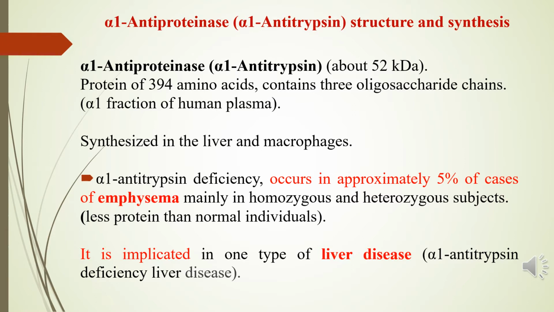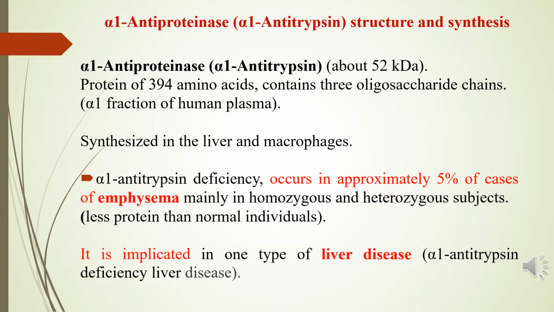So what is alpha-1 antitrypsin or alpha-1 antiproteinase? Alpha-1 antiproteinase is a protein of a molecular weight about 52 kilodaltons, and it was formerly called alpha-1 antitrypsin. It is a single chain protein of 394 amino acids that contains 3 oligosaccharide chains.